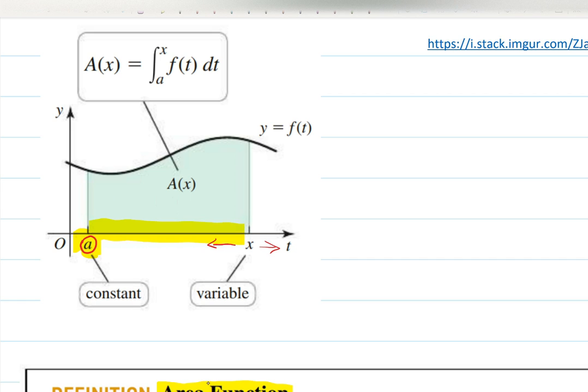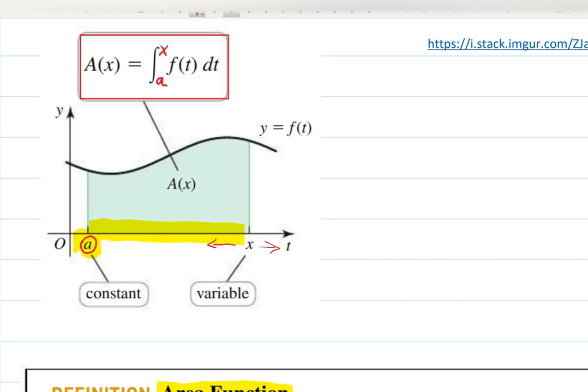Now it's a function because it depends on x. The farther my x is fixed, the more or less area is going to be, right? And that is why now we're going to call it an area function. A of x is an integral from a to x, where x is unknown, of f of t dt.